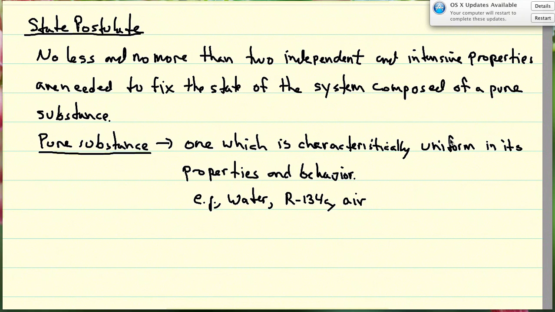Okay, the state postulate, that's an important concept. Now the other important concept that we need to describe pretty well this semester is the idea of equilibrium.